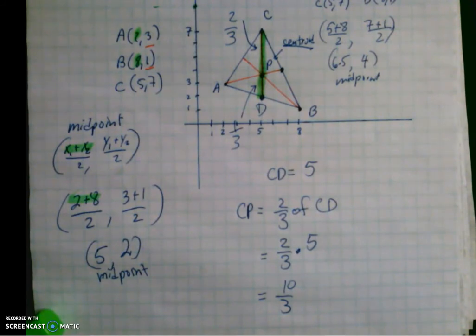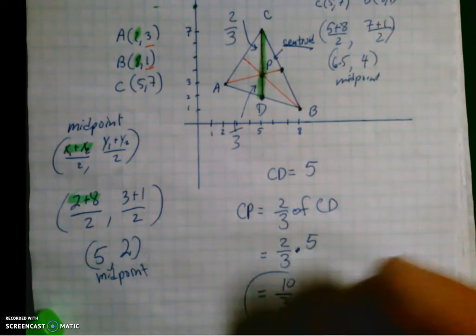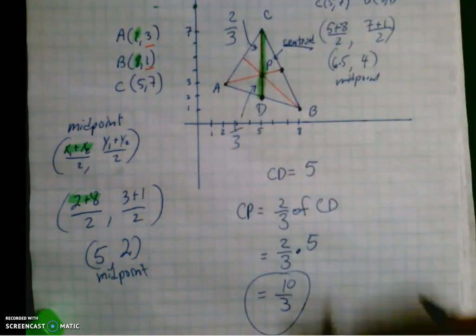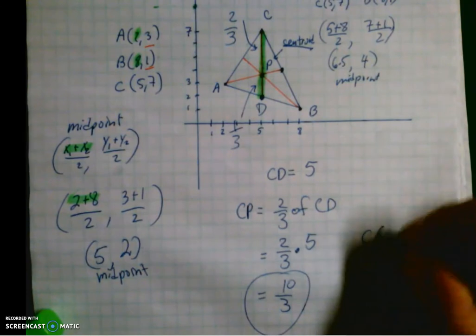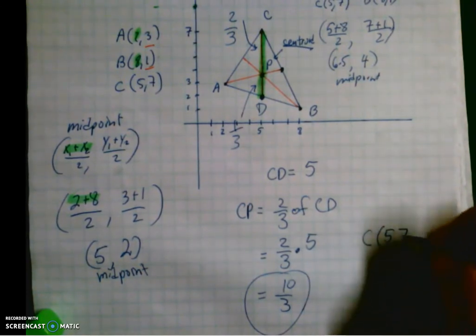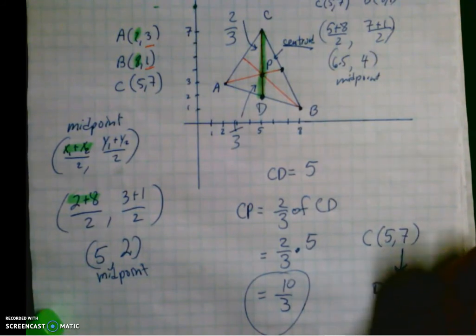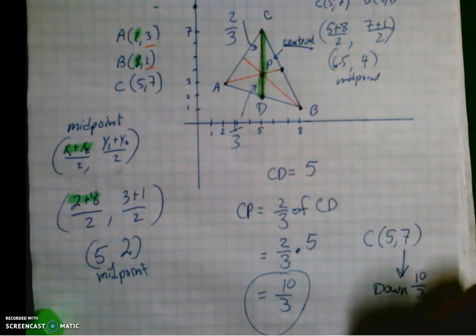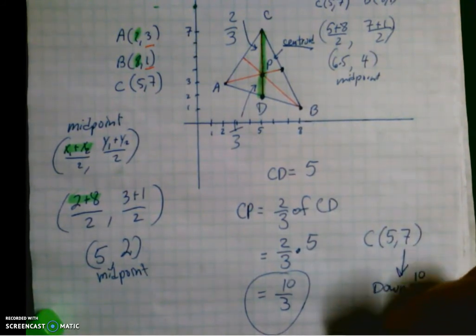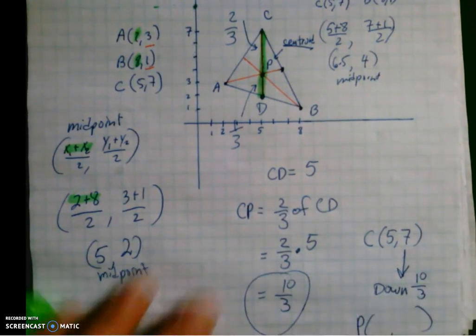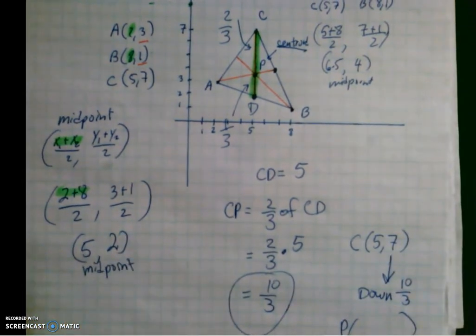So we're not done yet. 10/3 is the distance down from C. C was at 5, 7. If we went down 10/3, that's what will get us to P. How do you go down 10/3?